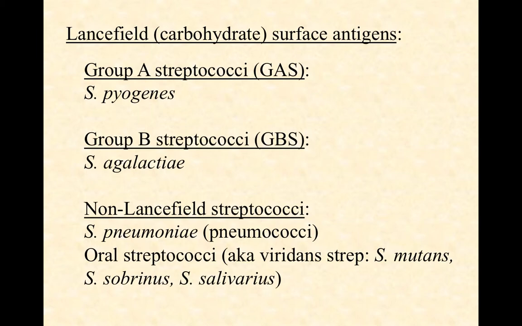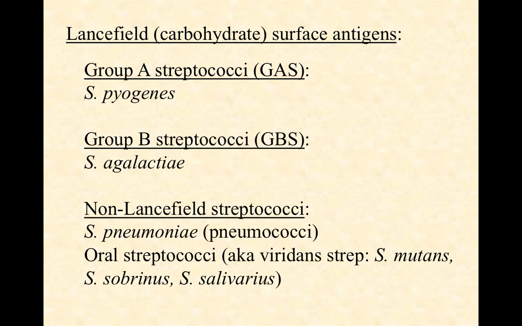Now carbs typically aren't great antigens, but in this case we can get a pretty good antigenic response against fluorescent antibodies, and they can essentially light up if a particular antigen, a particular carbohydrate, is present. So when we talk about group A streptococci, we're talking about various strains within the species Streptococcus pyogenes. That's group A strep. Group B strep would be various strains within the species Streptococcus agalactiae.